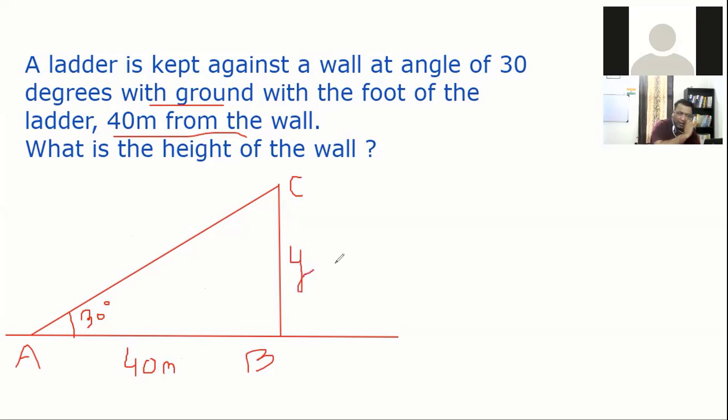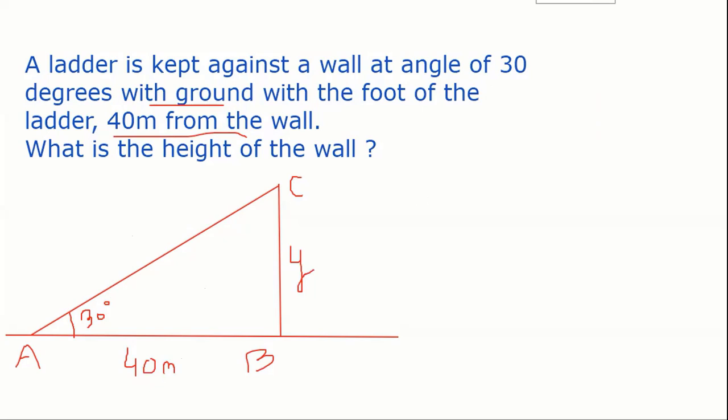We can use tan 30 degrees. Why do we use tan? Because tan theta is opposite by adjacent, perpendicular by base. My perpendicular is y and my base is 40, so tan 30 equals y by 40.